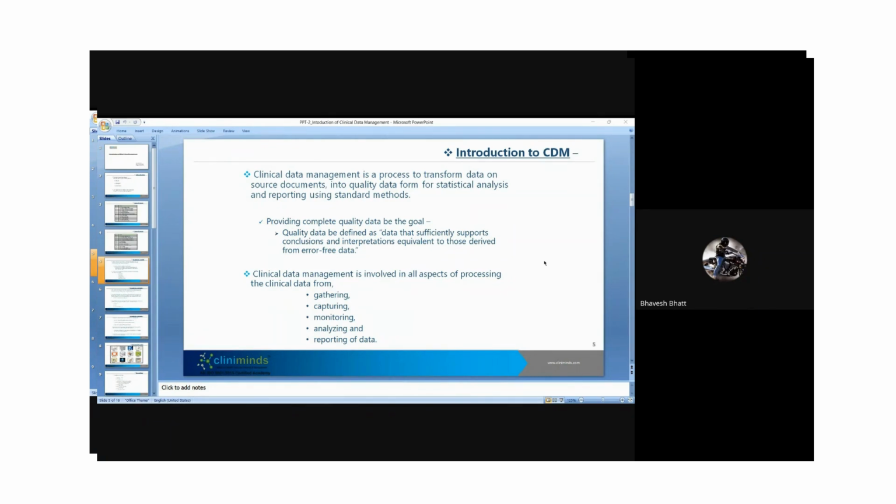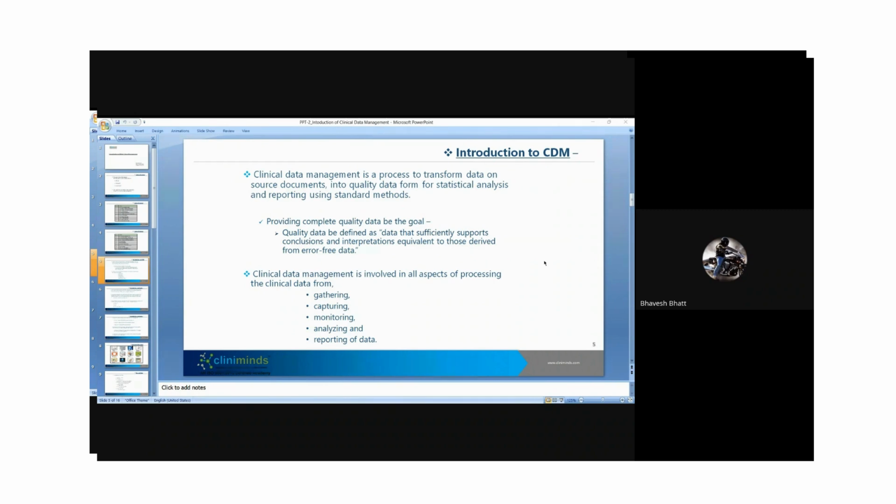Now, though we are involved, as data management individuals, in this process of transforming the clinical data, the entire aspect of processing the data is divided into further categories. Let's say first step being gathering the data, then capturing the data, then monitoring data, then analyzing of data, and then reporting of data.